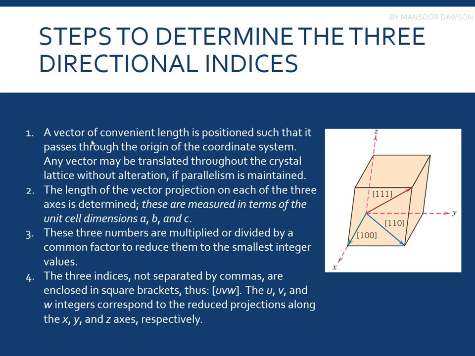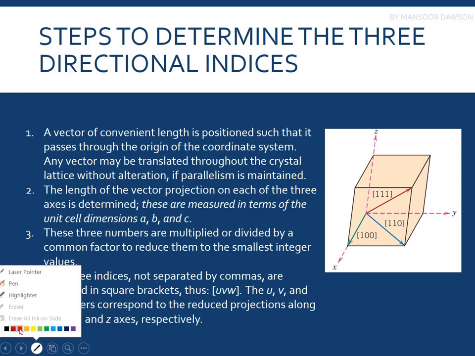Number one is a vector of convenient length is positioned such that it passes through the origin of the coordinate system. Any vector may be translated throughout the crystal lattice without alteration if parallelism is maintained.